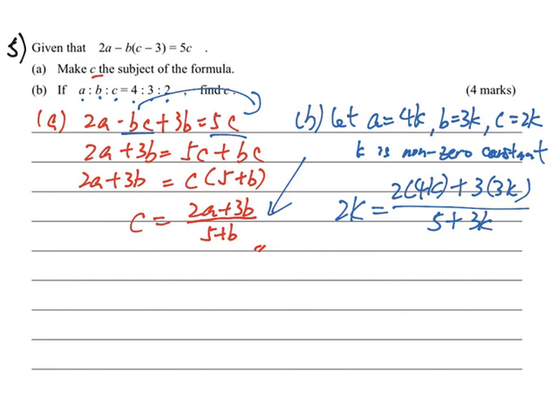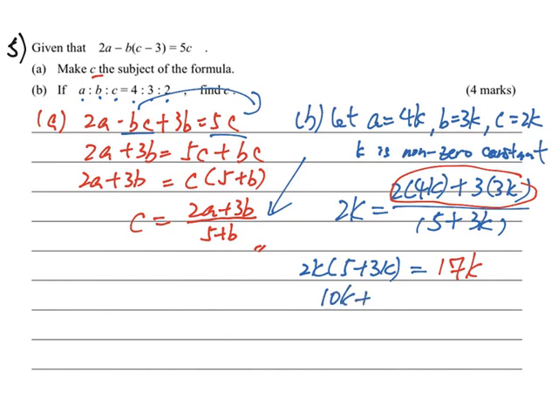For the denominator, we will times to the left-hand side, so it becomes 2k times 5 plus 3k equal to, for this you can use a calculator, it is 17k. Then we'll expand it, so 10k plus 6k squared equals 17k.